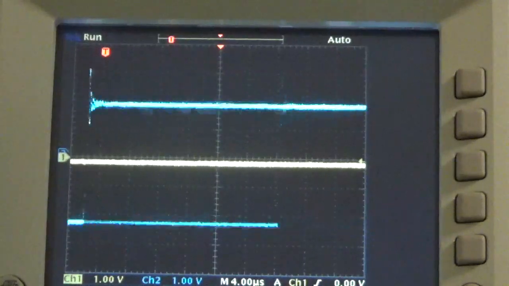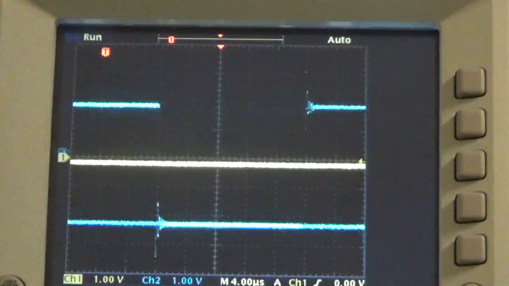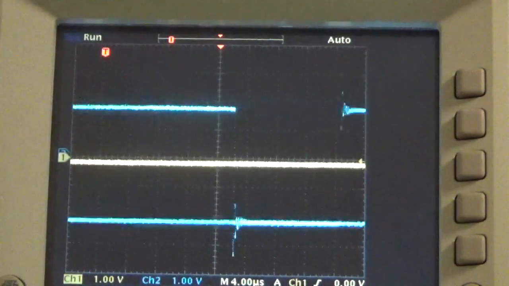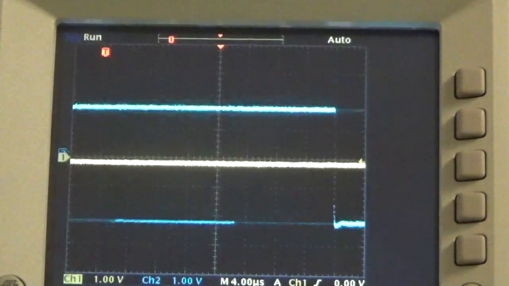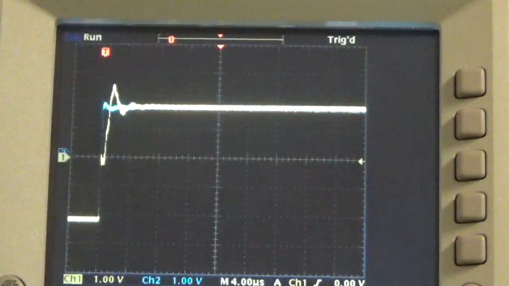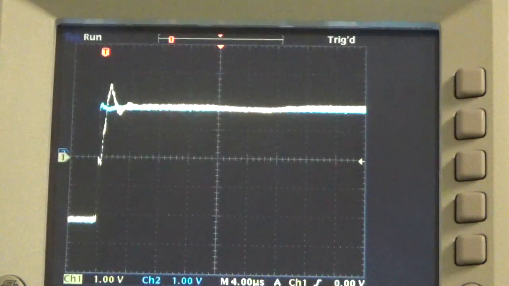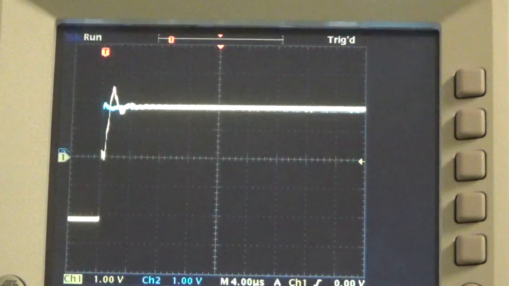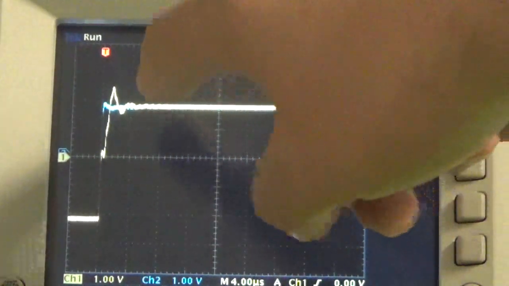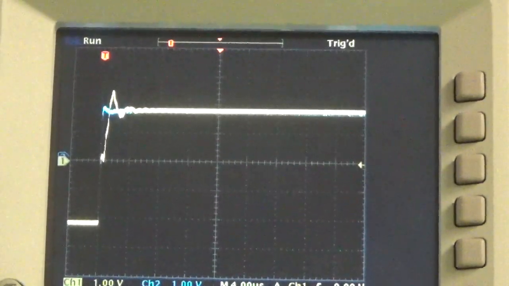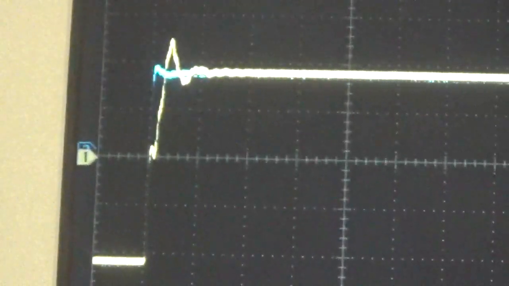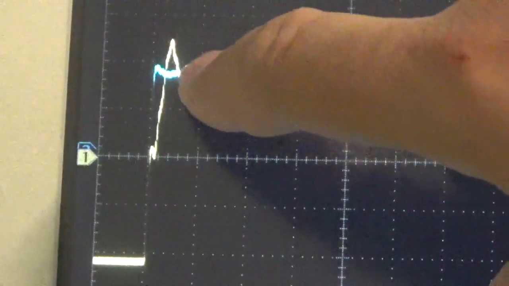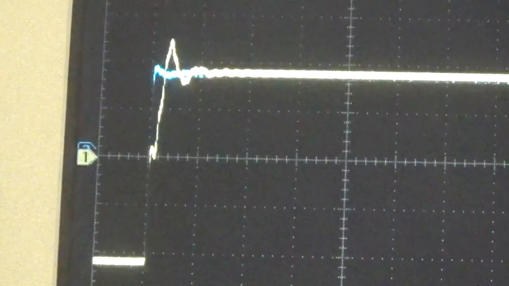With 1.1 kilo ohm, let's see now what we will get. Okay, so you can see now that we have maybe around 2 oscillations. If you focus here, you can see that we have around 2 oscillations, like 1, 2.